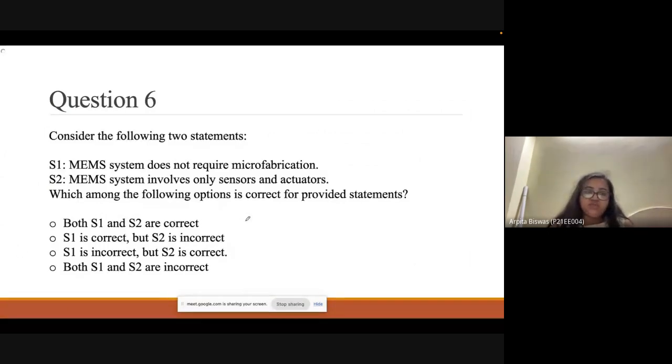At first, carefully see the statements. Statement 1 is MEMS system does not require microfabrication. And statement 2 is MEMS system involves only sensor and actuator.